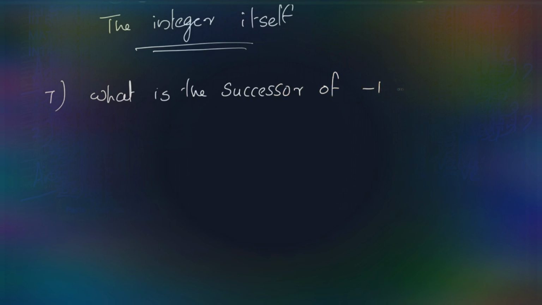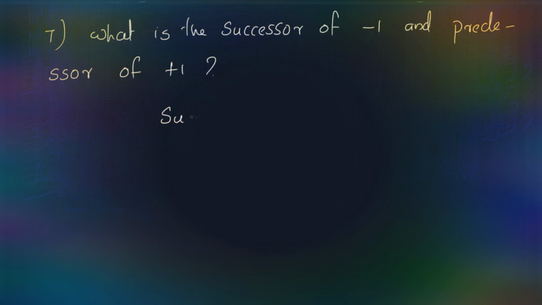Next is our seventh question. That is, what is the successor of -1 and the predecessor of +1? Successor means the number is added with 1. That is, the number just after is the successor.